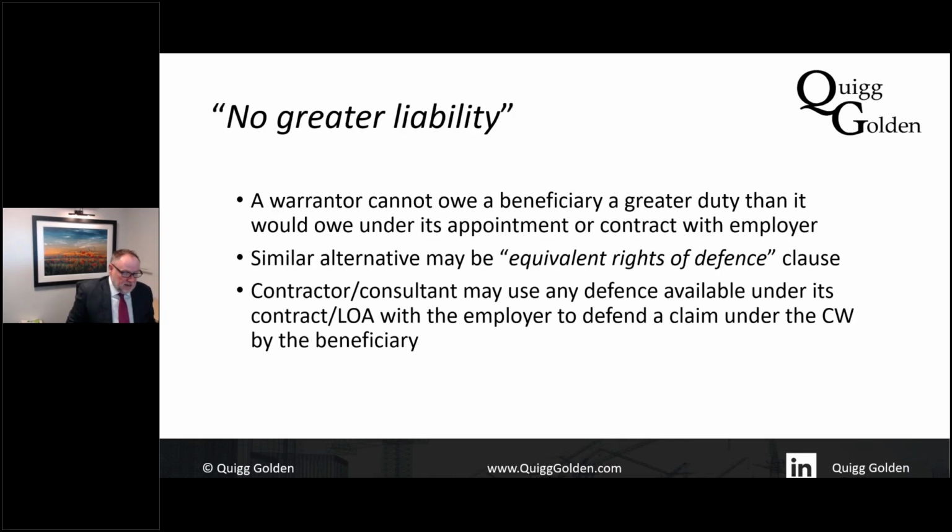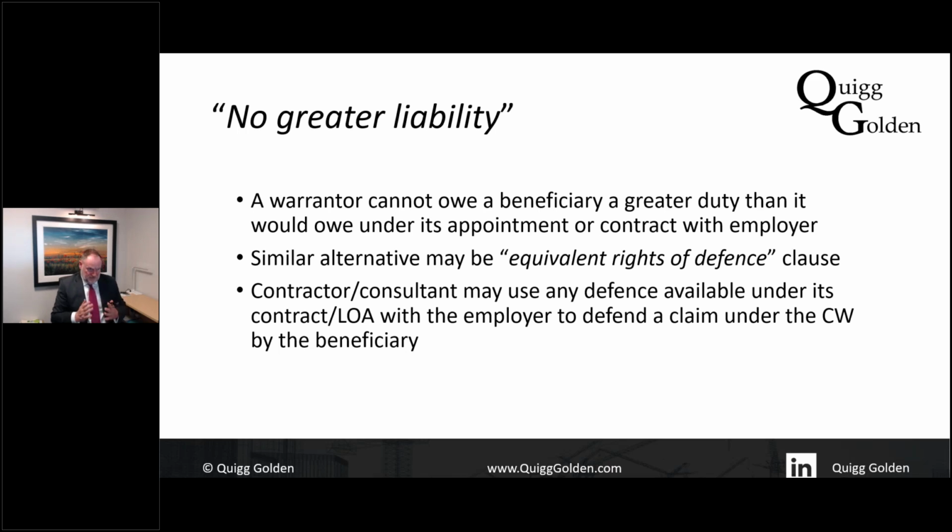However, if you are giving a warranty, there are a couple of clauses you really want to make sure are in there. First of all, a no greater liability clause, which will say something like this: notwithstanding anything else stated in this warranty, the warrantor shall have no greater duty to the beneficiary than it would have under its subcontract to the contractor.